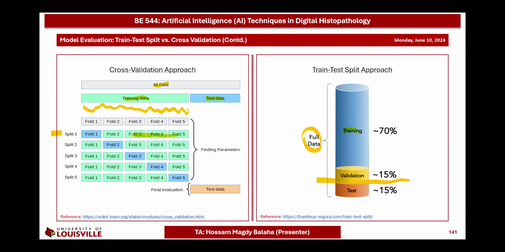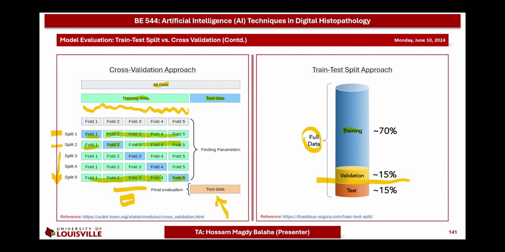So these are for training, this is for validation. And for the second split, we will take the first and the last 3 of them for training and the second for validation, and so on until we reach the last one for evaluation and the first 4 folds for training. After completing, we are averaging all of the performance metrics, and then we test the trained model on the testing data.